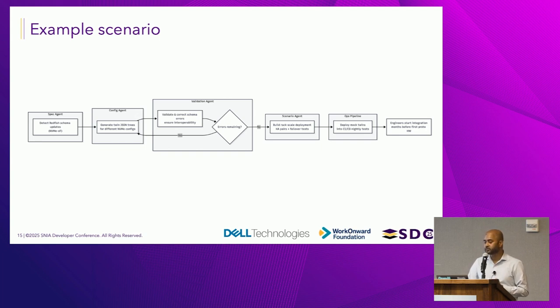Then the validation agent, which corrects schema errors if any and ensures there is interoperability between different device vendors. There is also a scenario agent which we are mostly interested in, for example, if we want to perform an HA failover or a different task. The outcome here is that engineers can start integrating months before the actual prototype hardware arrives.